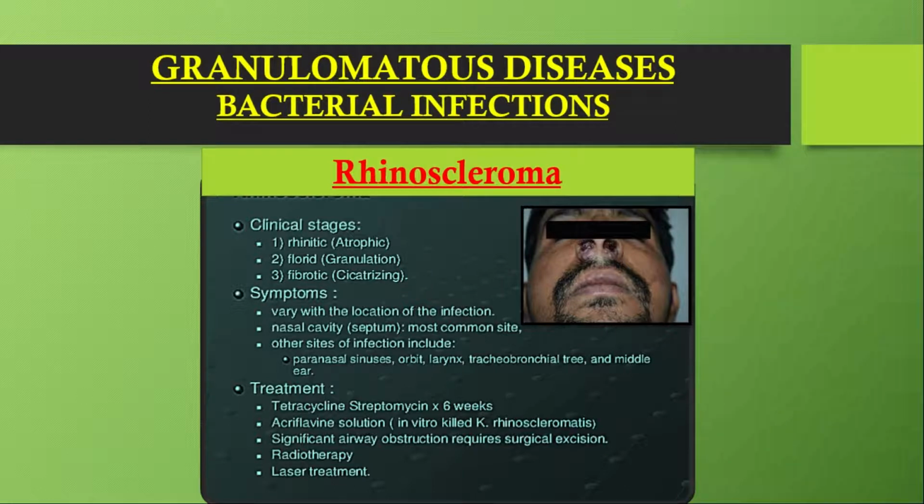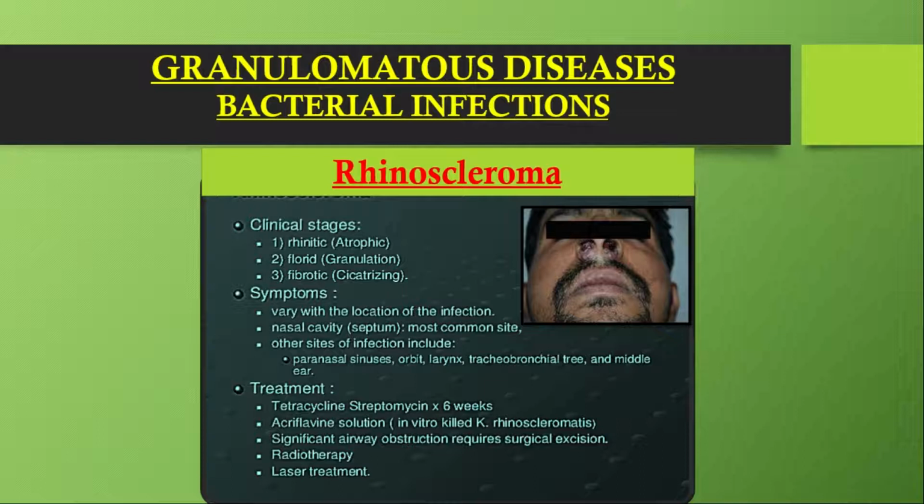Its clinical stages are: first, rhinitic, which is also called atrophic stage; the second is florid or granulation stage; the third is fibrotic or cicatrizing stage.